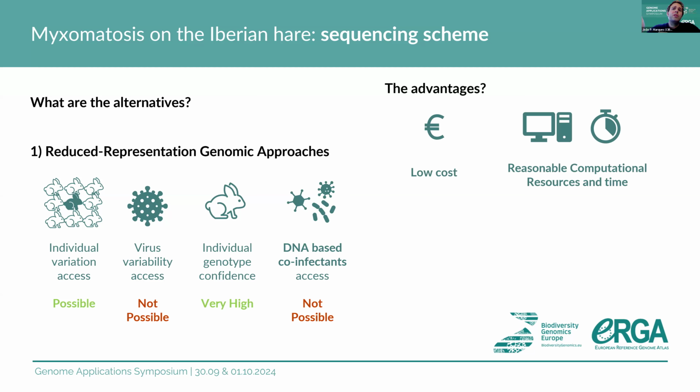But the advantage, of course, as Gábor told you, is low cost and a nice time for computational analysis. Well, so it takes a short time to analyze in comparison with high coverage genome data, and doesn't need a lot of space for storage as well. But as I told you, it doesn't cover most of the attributes that we would like to analyze.